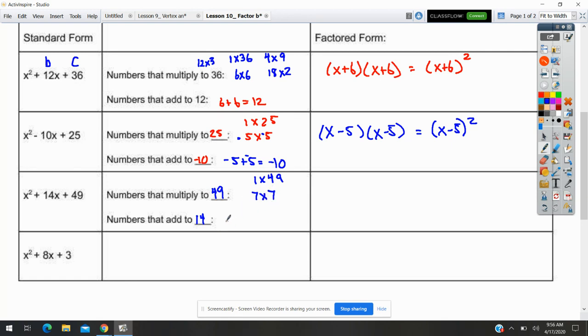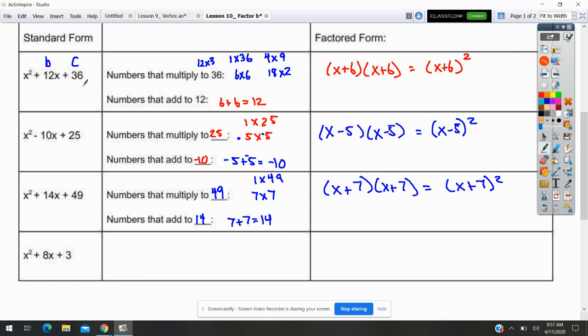So which of these options is going to add to 14? Obviously, the 7 and 7 gives you the 14. So that means our factored form is going to be x plus 7 times x plus 7. And since we're multiplying the same thing by itself, we can rewrite this as x plus 7 squared.